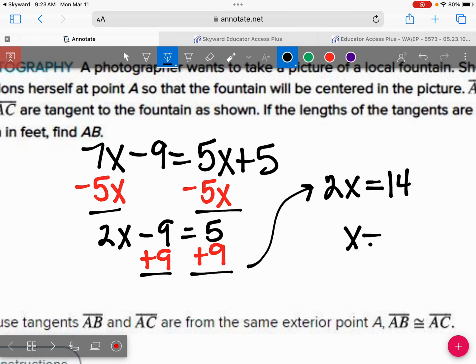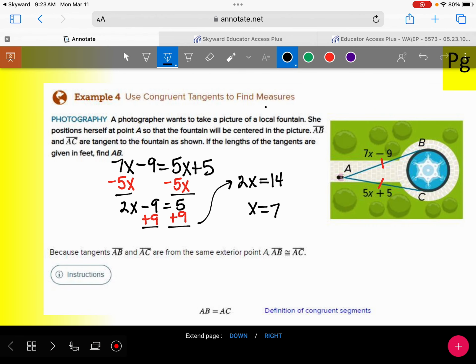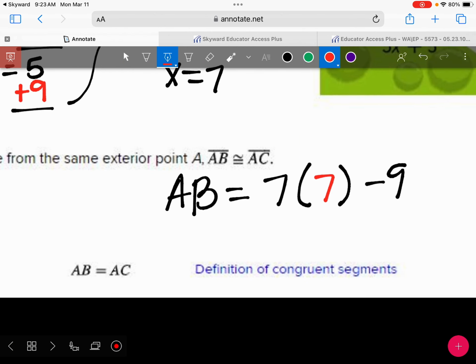And then divide by 2. But it says find the length of AB. So because it wants us to find the length, this is AB. We have to substitute that 7 back into that expression. So AB equals 7x minus 9. Go ahead and put your 7 in to find the length of AB.